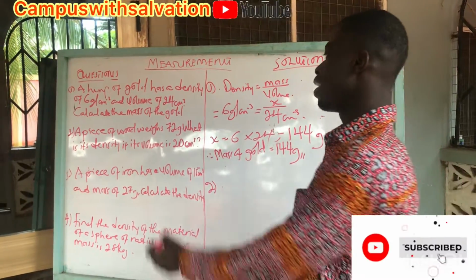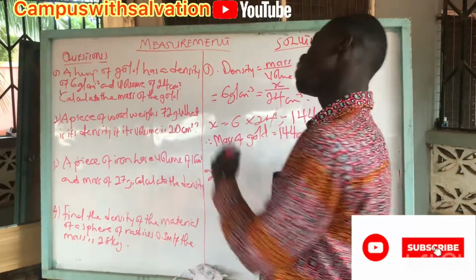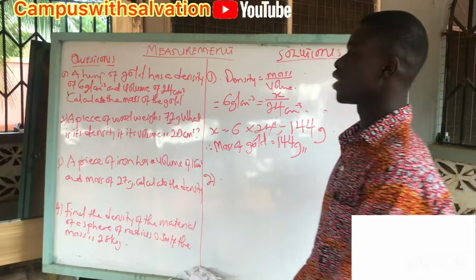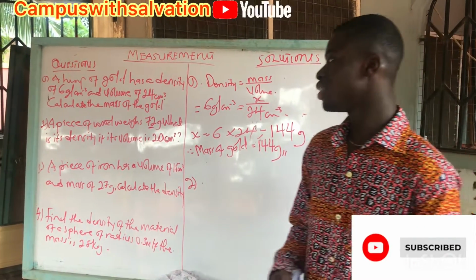In this question, he didn't mention mass, but the unit must tell us this figure is talking about mass because 72 grams is the mass of something. So let's proceed.